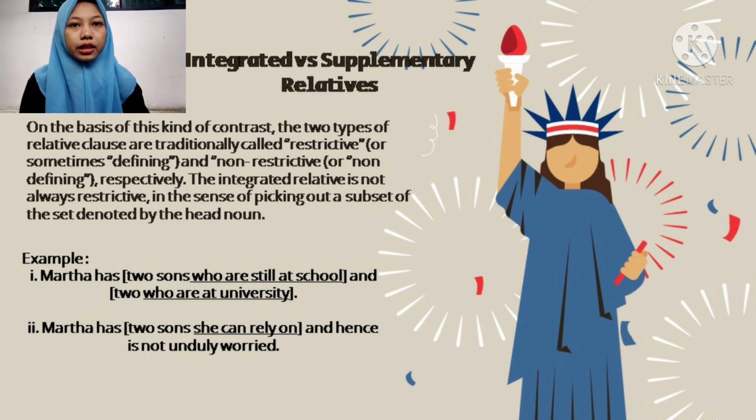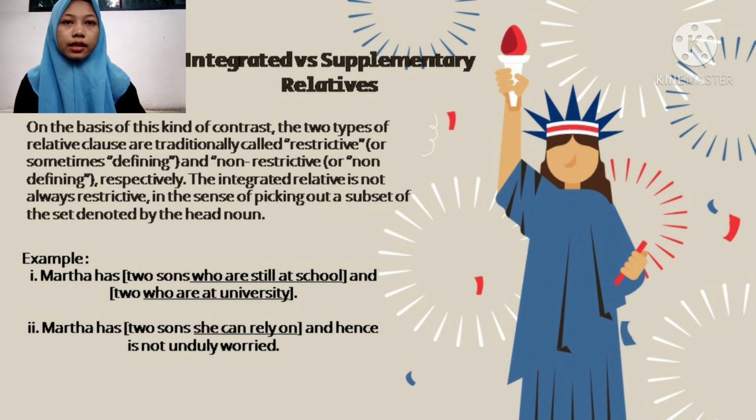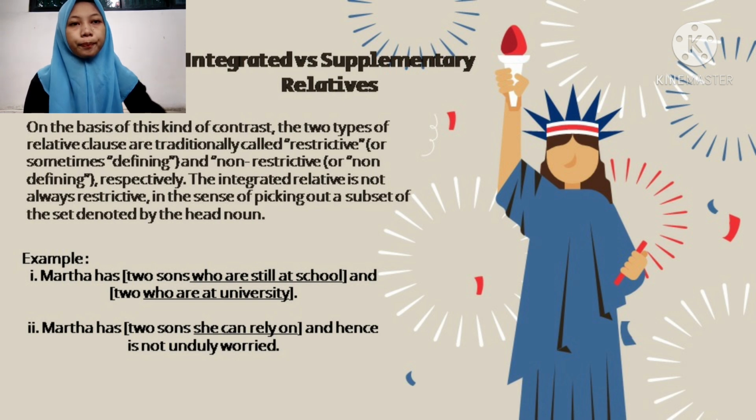In the example "Martha has two sons who are still at school and two who are at university," the relatives are certainly semantically restrictive. They distinguish two sets of sons. But in the example "Martha has two sons she can rely on, and hence is not unduly worried," there is no restriction. There is no implication that Martha has more than two sons.